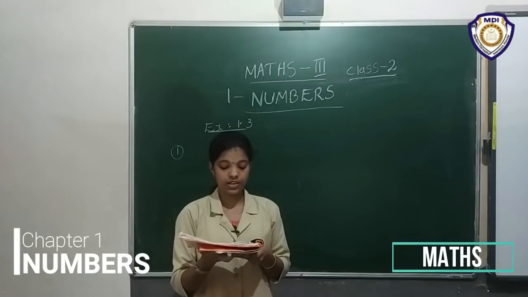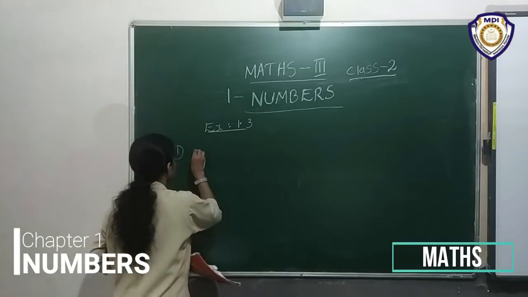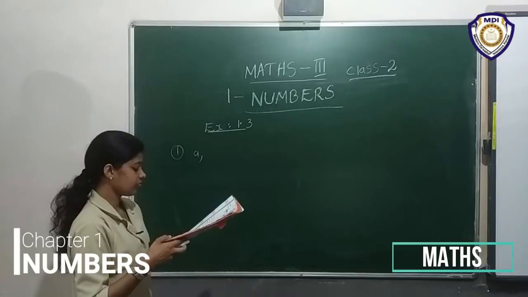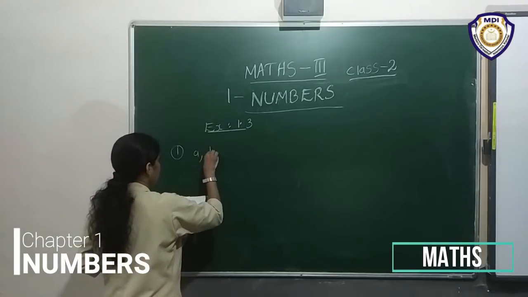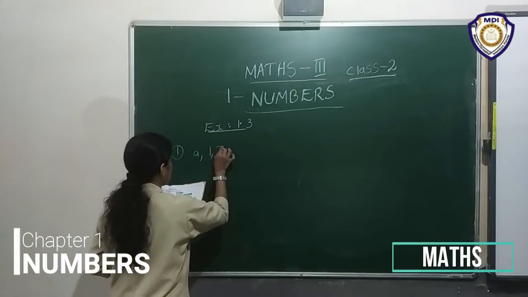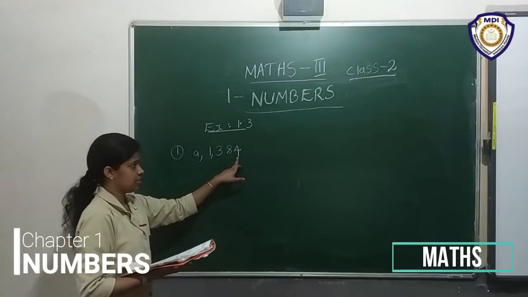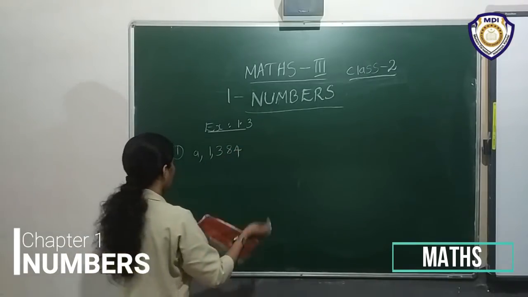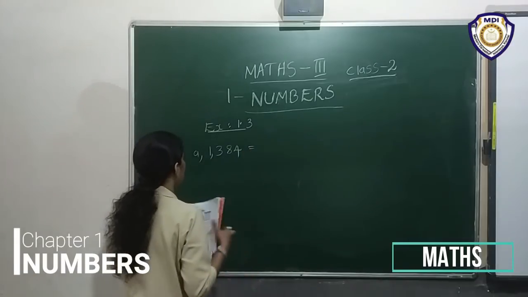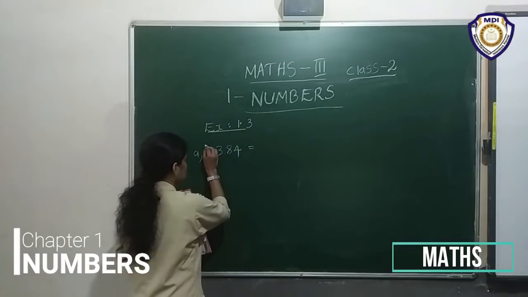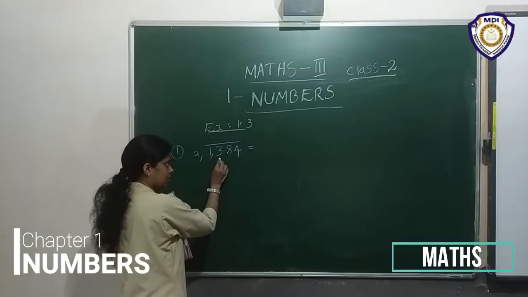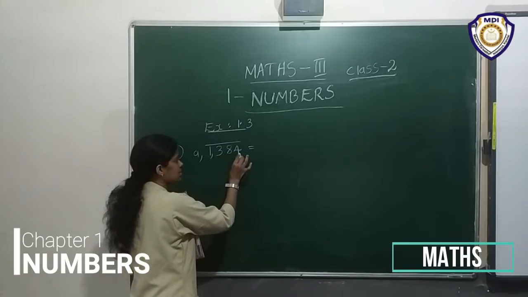A, 1384. How to write in expanded form? 1000 plus 300 plus 80 plus 4.